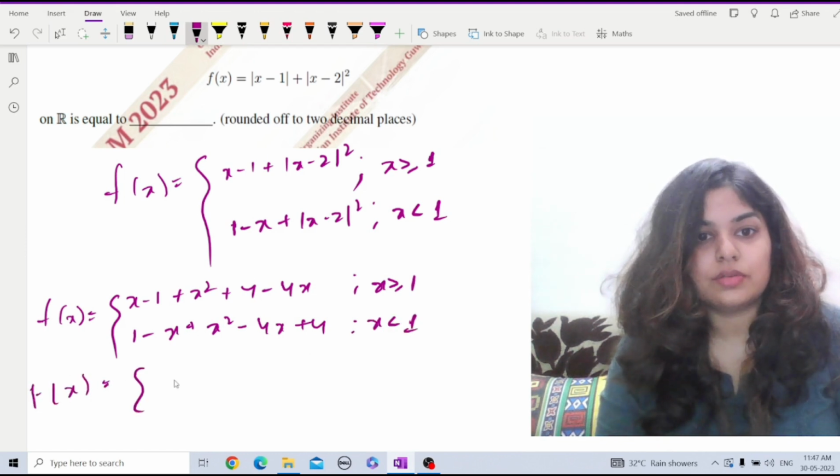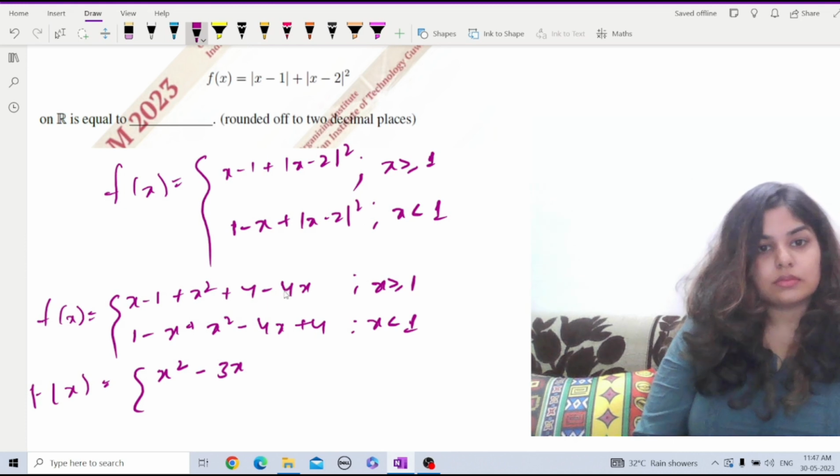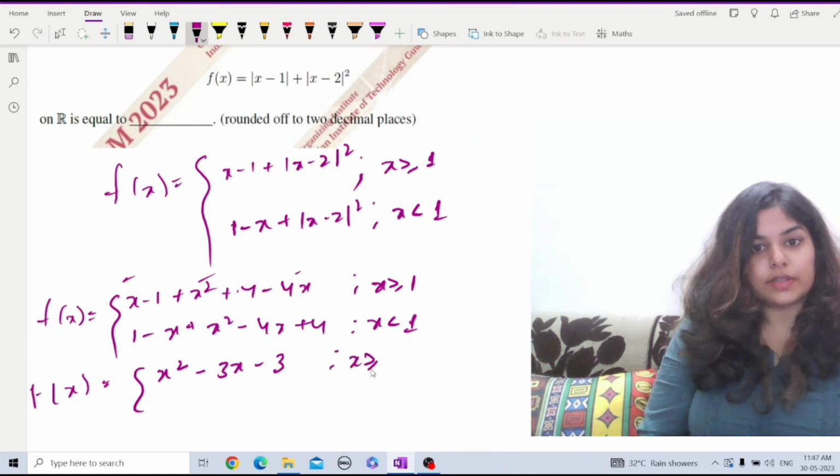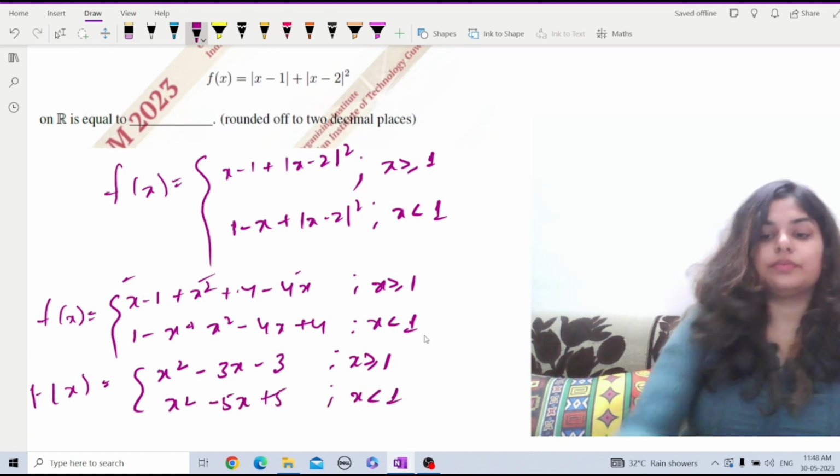So f(x) is equals to x square minus 3x minus 3 for x greater than equals to 1, and this is x square minus 5x plus 5 for x less than 1.